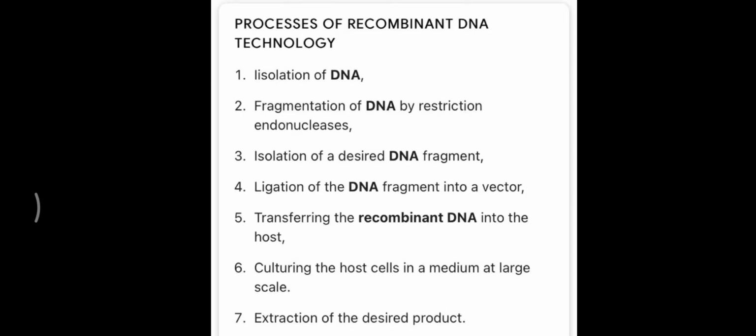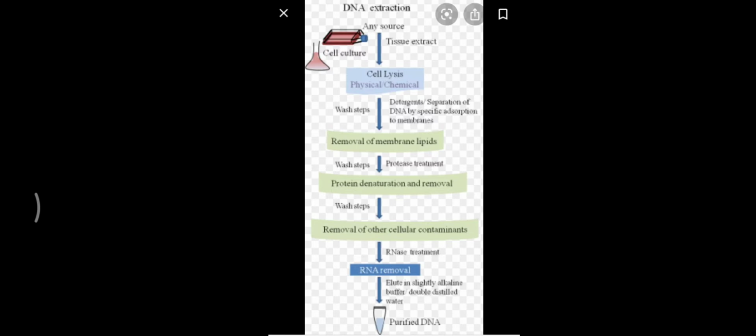So we are going to start with the first step, that is isolation of DNA. For isolation of DNA, the DNA needs to be removed in the pure form, and that pure form can be obtained by removing the membranes, because the nucleus has the DNA inside it.